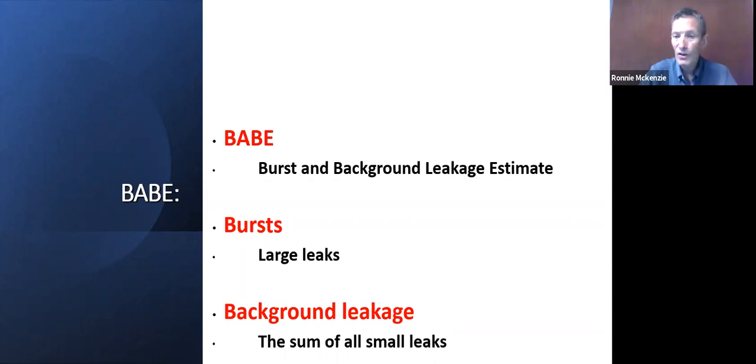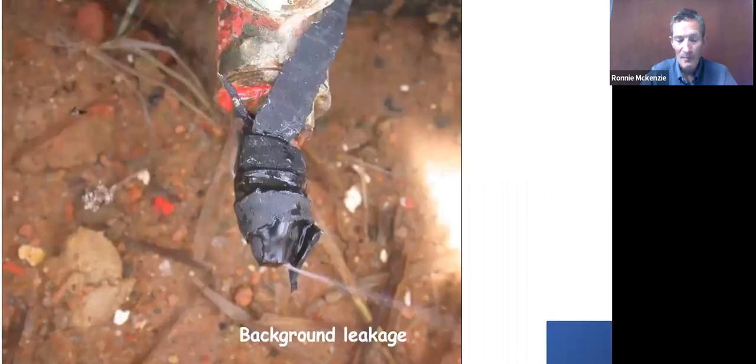Background leakage, you cannot get rid of. It will always be in your system somewhere. Burst leakage, it's cost effective to go looking for it and to repair it. So depending on what blend of leakage you've got in your system will determine what interventions you will use to address it. And that's basically what we're looking at.